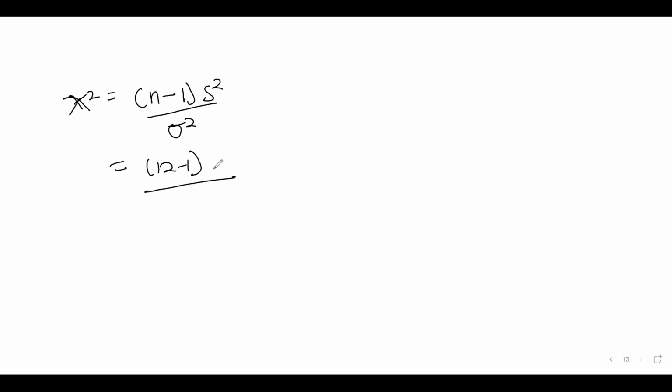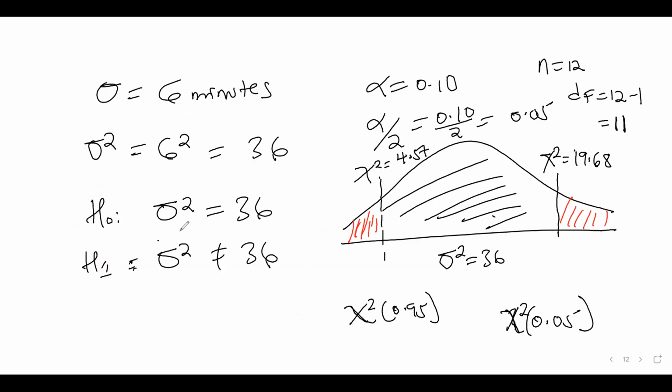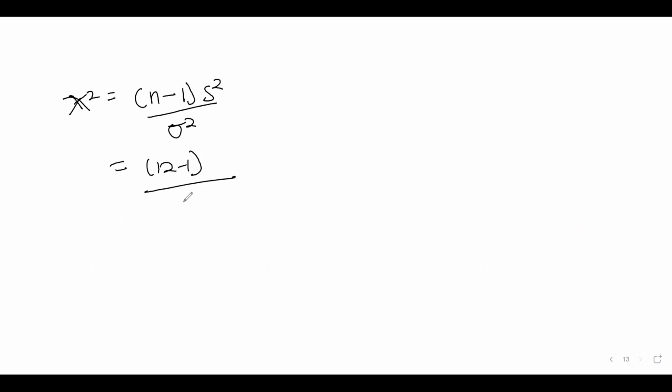The formula for chi-square, as we already know, is n-1 times the sample variance all over the population variance. So here, n-1 is 12 minus 1, multiplied by the sample variance all over the population variance. Remember, the population variance is 36, from the hypothesis we wrote.